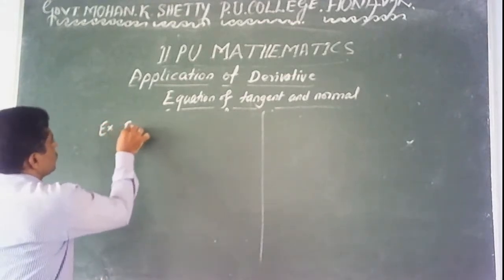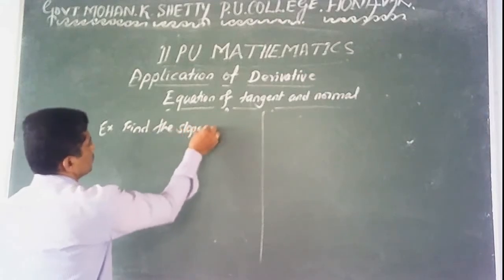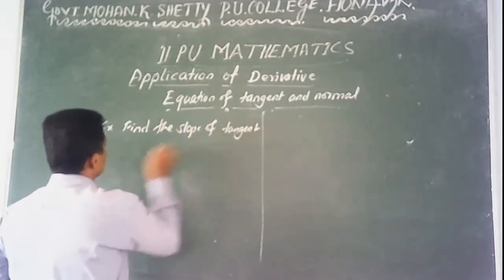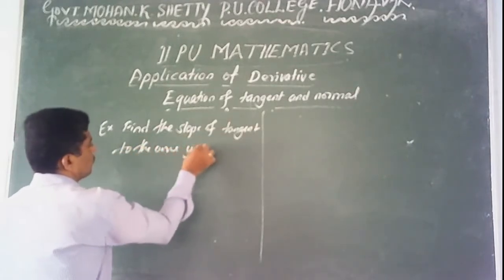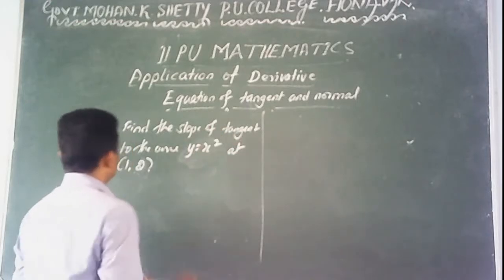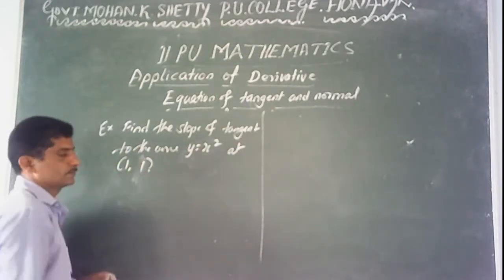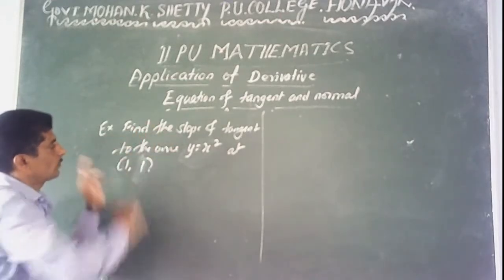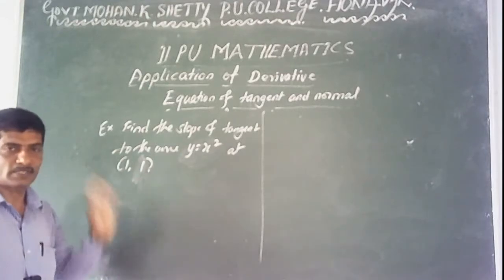Examples. Find the slope of tangent to the curve y is equal to x square at the point 1 comma 1.